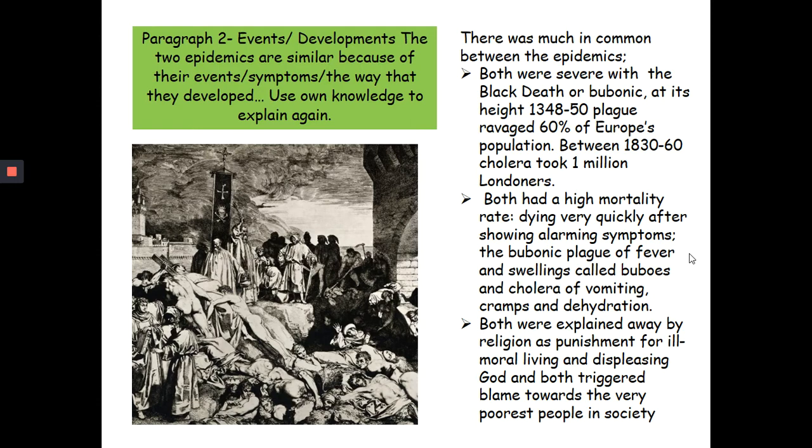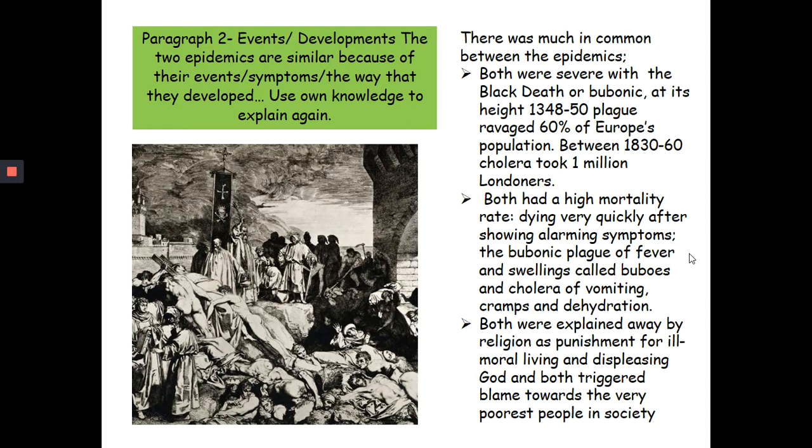Both had a high mortality rate, so it was very quick to die, dying very quickly after showing alarming symptoms. The bubonic plague symptoms were fever and swellings, cutely named buboes, and cholera, of vomiting, cramps, and dehydration, with a quick death following both of these sets of symptoms.